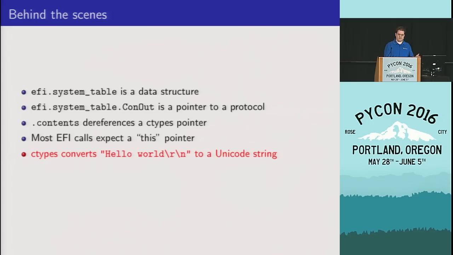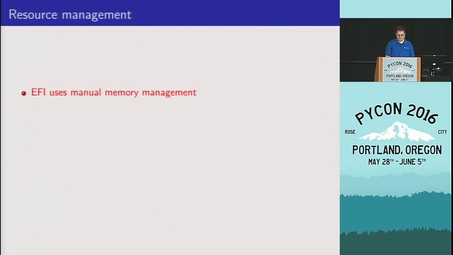And most things wanted this pointer, we convert to, the ctypes actually does automatic conversions here, which is really handy. We don't have to go create a UTF-16 Unicode buffer, we just pass a string. And the 0 we got back after the hello world is just a successful return code from EFI.